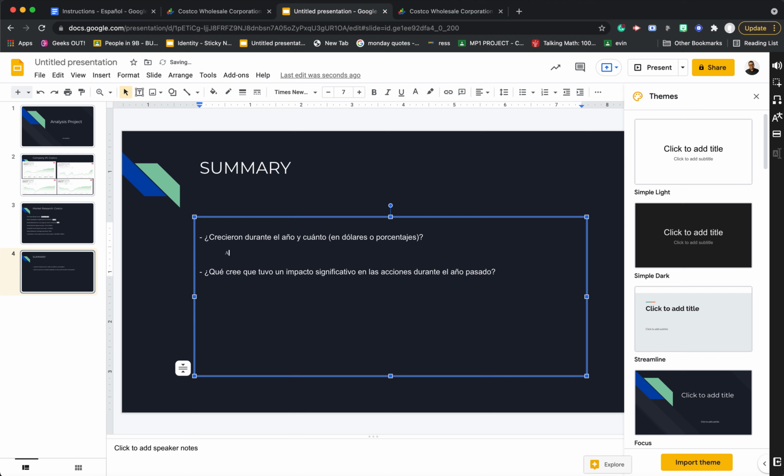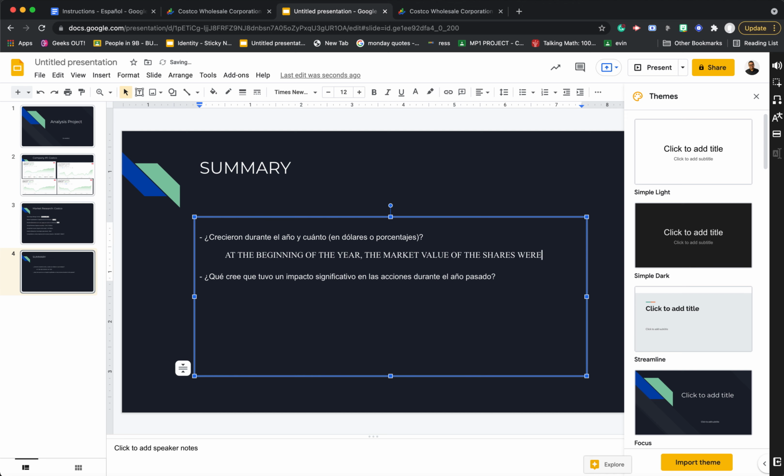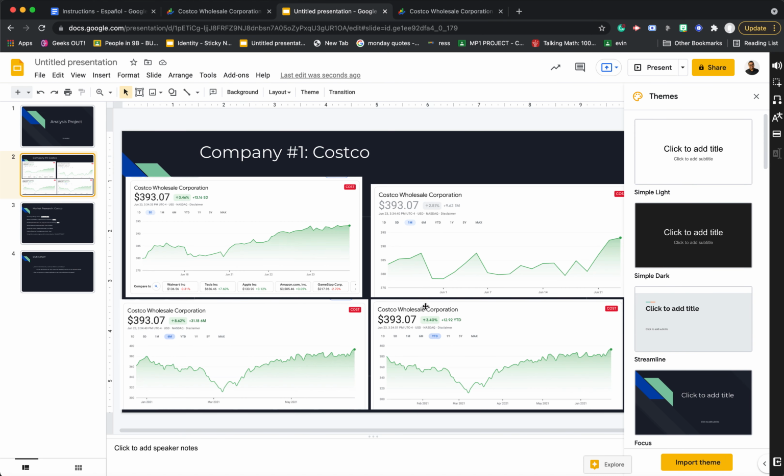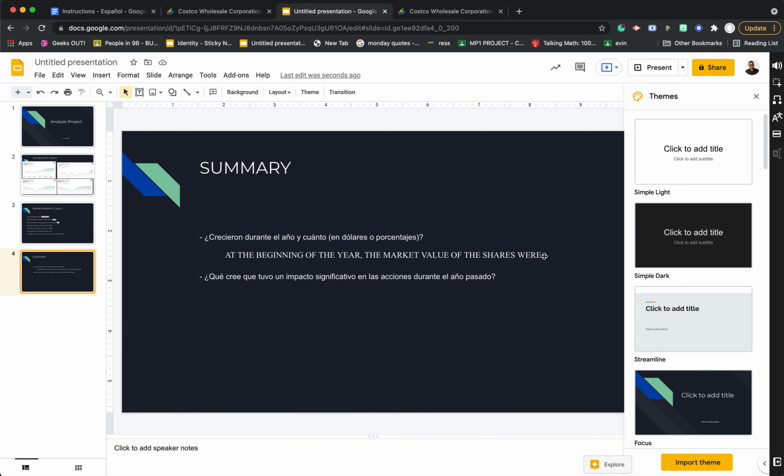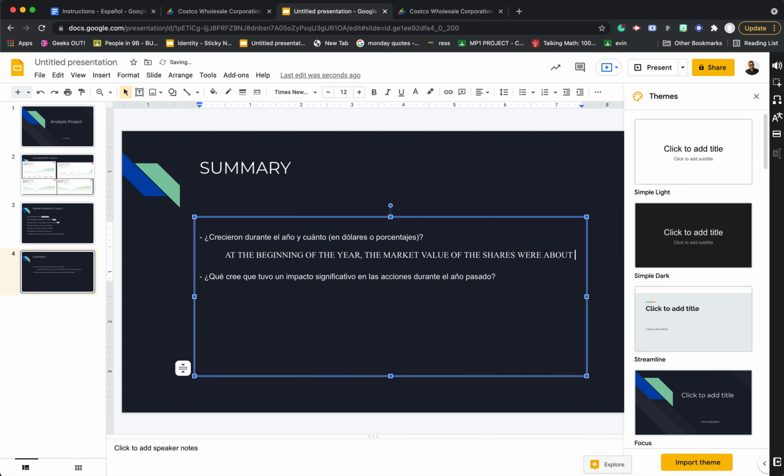If you want to do it just with values, at the beginning of the year, let me make that bigger. At the beginning of the year, the value, or the market value, that's what we call it, of the shares was about $380.